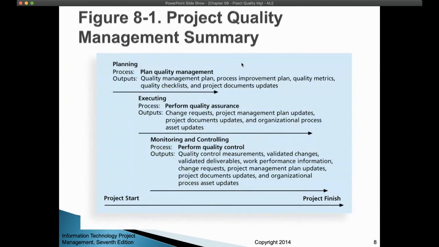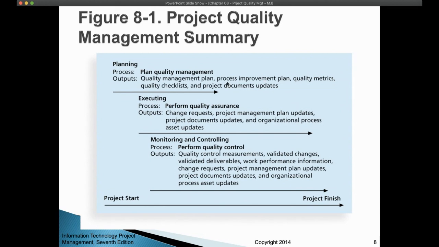Here you can see the summary of these processes, and you can see that there are three, distributed based on the phases: planning, executing, and monitoring and controlling. And these are the outputs. So here you have the quality management plan in the beginning, and the first process.